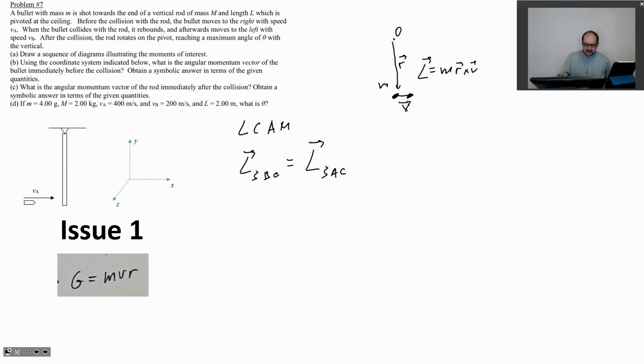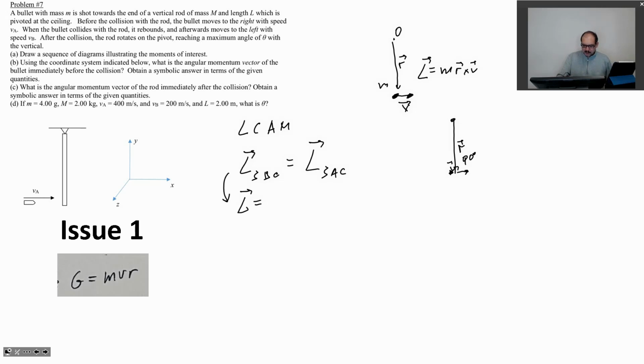At the instant when the bullet just hits the rod, the velocity and the radius vector are perpendicular to each other, 90 degrees. So it's very easy to calculate the angular momentum of this bullet.